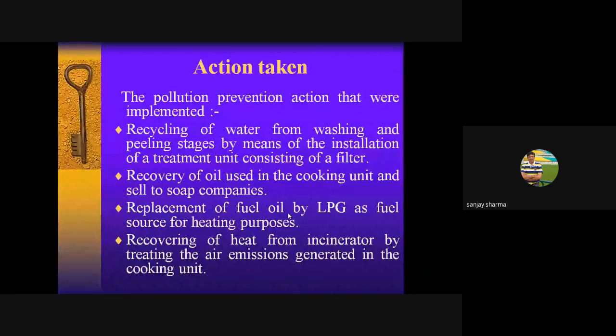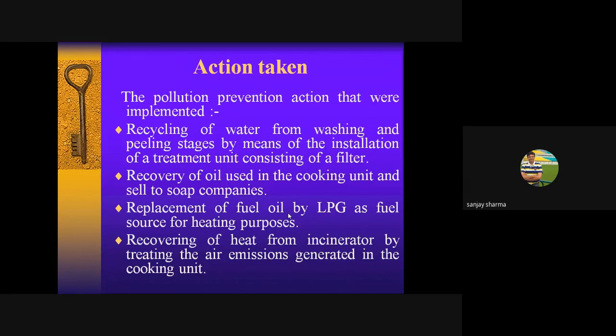Like fly ash from thermal plants, it is a waste, but for cement manufacturing units it is not. Earlier fly ash was available without any cost, but if you go to a thermal plant now, they may say we will charge you, because the utilization of fly ash in the cement industry is much higher. So that is what recovery and recycling means here also.